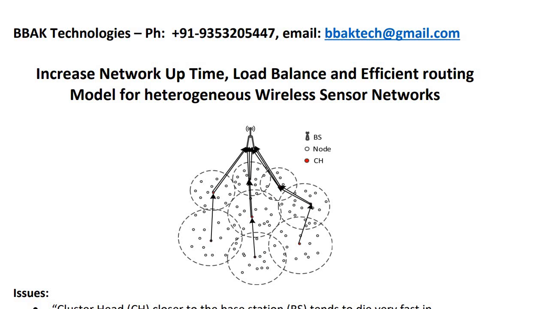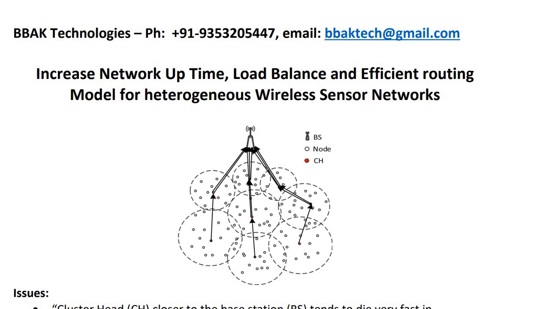Once it is deployed, it should operate for a maximum period of time, maybe 10 years or 5 years, and maybe one day it is left to the owner who deployed it. So the lifetime of the wireless sensor network needs to be increased.